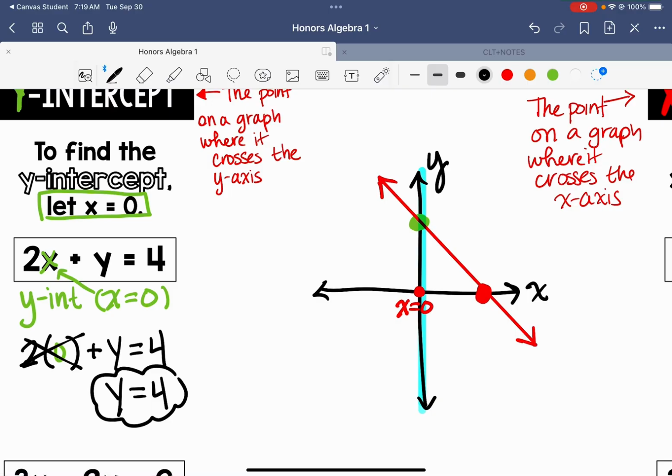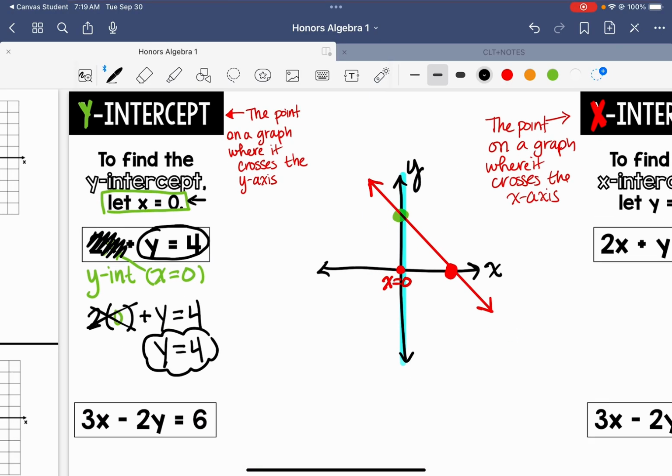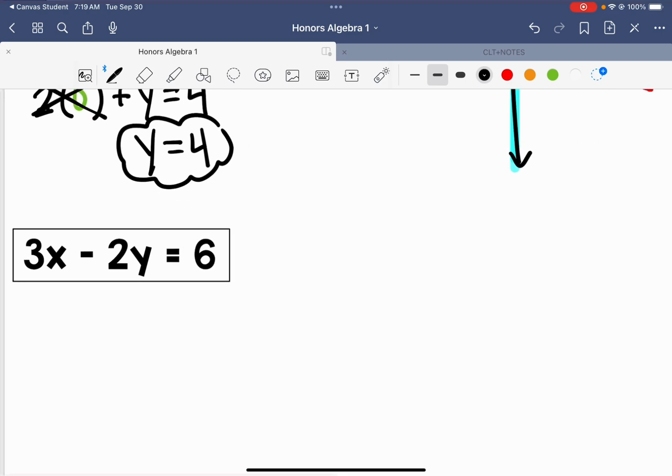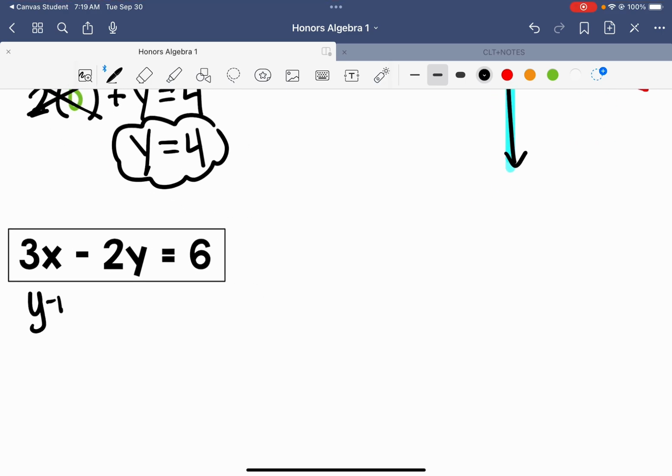I had a teacher once tell me it's the cover-up method. She used to call it that. If x equals 0, you can kind of just cover this up, and what you're left with is a little equation to solve. So if I'm looking at this equation right here, the y-intercept is when x equals 0.